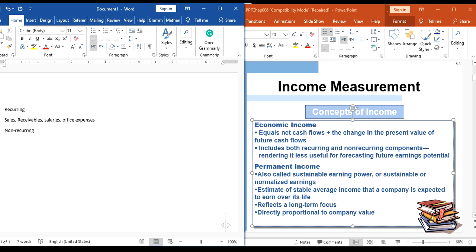For example, you have a land, the company sells a piece of land for a huge profit. Okay, like let's have the Pepsi company as an example.